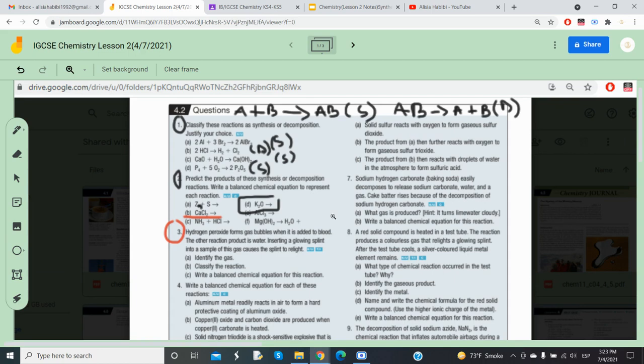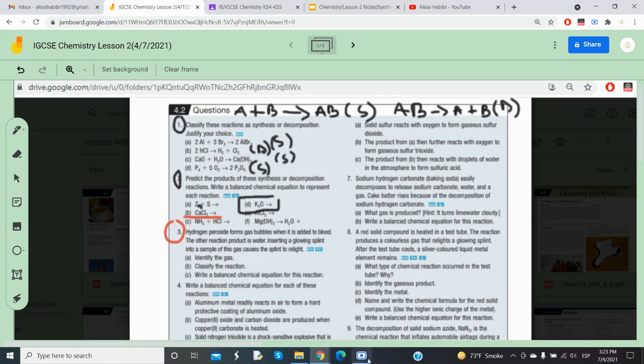It says, inserting a glowing splint into a sample of this gas causes the splint to relight. Identify the gas. If you guys have done a chemical experiment before, you know that whenever a splint relights, oxygen is present. Since hydrogen peroxide forms gas bubbles when it is added to blood, we know that inside of blood we have oxygen.